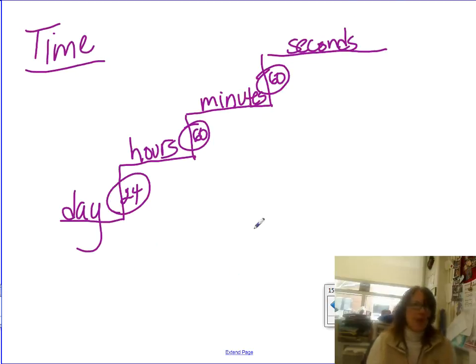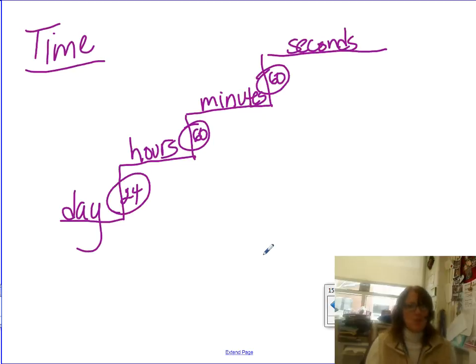Now you'll notice I'm not including things like weeks and months and years because that is not consistent. It's kind of weird. You know that months, all the months have different quantities of days. You know, February usually has 28. 30 days is September, April, June, and November. I remember that little rhyme. All the rest have 31.